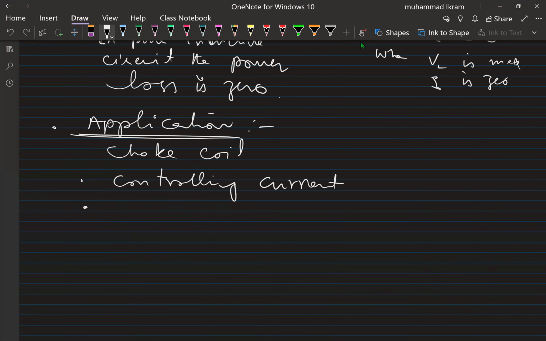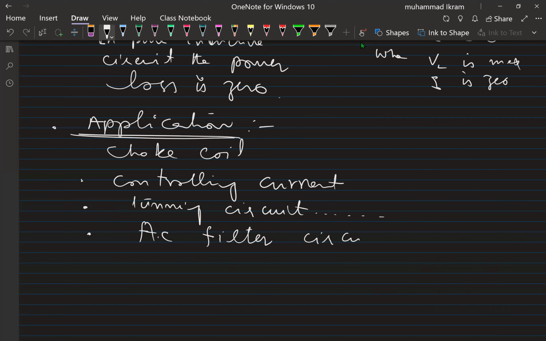This is used in tuning circuits to select the desired frequency and reject the unwanted. This inductor is used in AC filters, in the filter circuit, when you convert AC into DC.